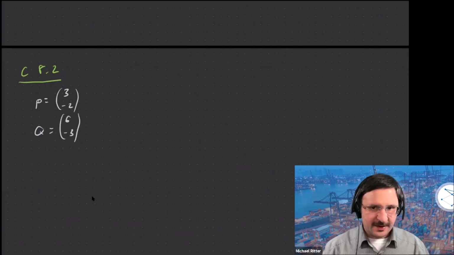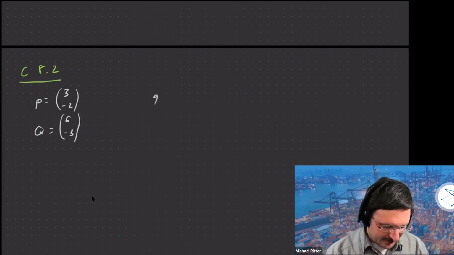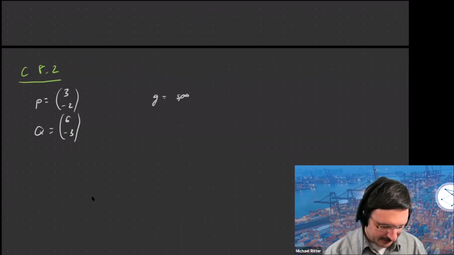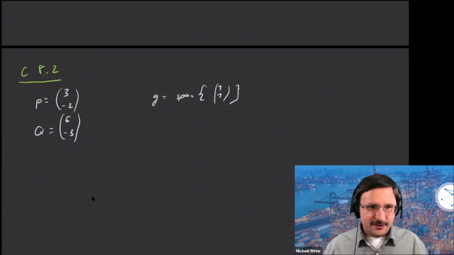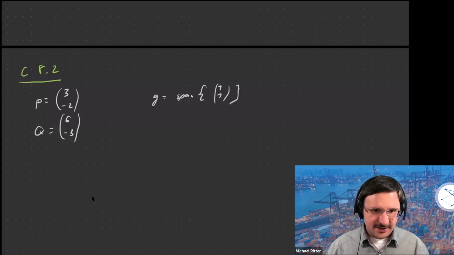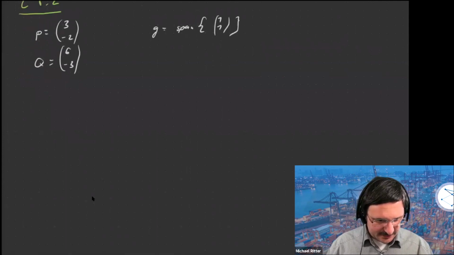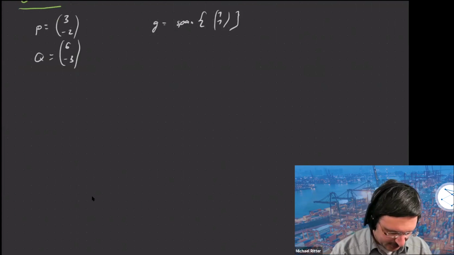And we also have a linear subspace G. G is simply the span of (1, 1). So that's the line with direction (1, 1), the bisector of the positive quadrant, as the problem statement says. And the task is to determine the length of the orthogonal projection of the line segment PQ onto that line G. And to clarify what we are going to do here, let's start with a quick sketch of the situation.